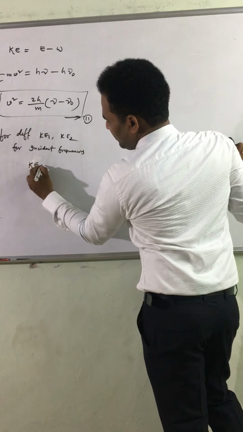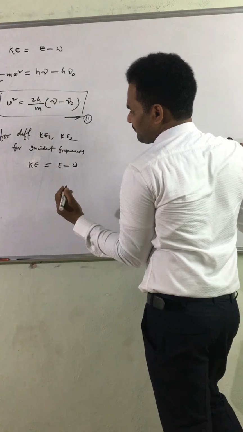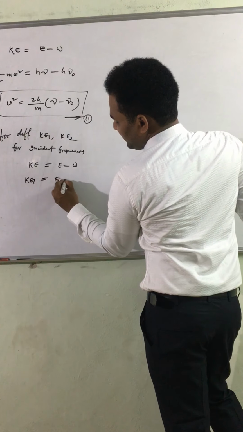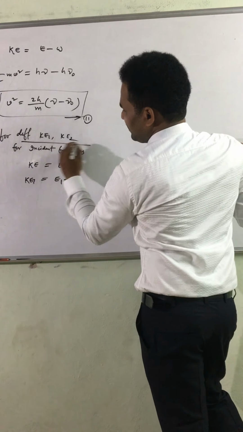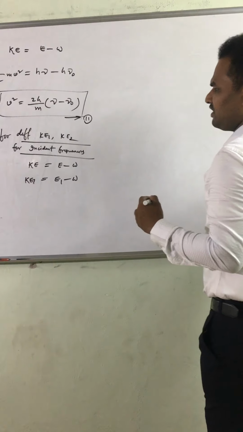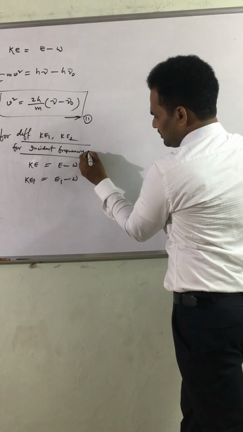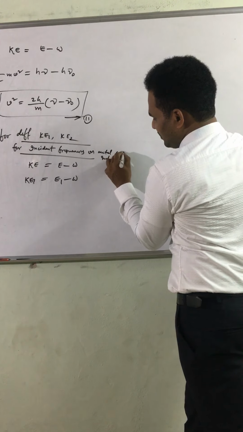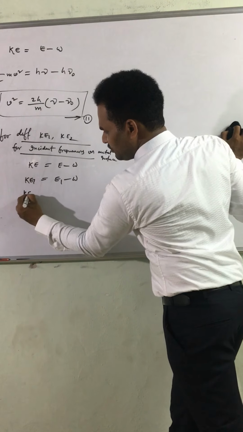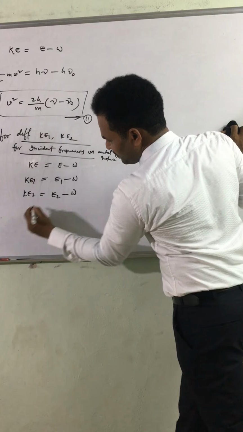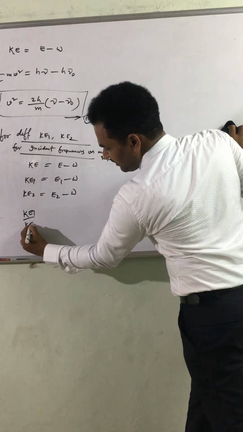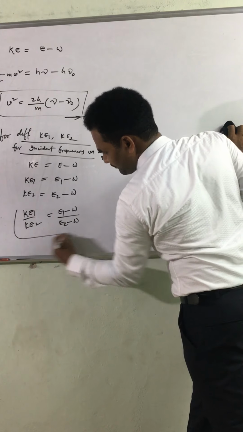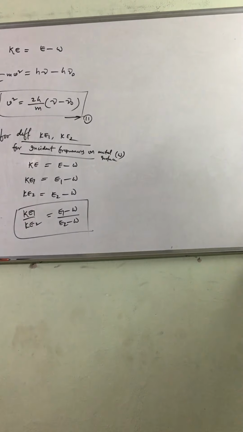So KE is equal to E minus W. KE1 is equal to E1 minus W. W is the same, so KE2 is equal to E2 minus W. So KE1 by KE2 is equal to (E1 minus W) by (E2 minus W). This is the ratio of kinetic energies.